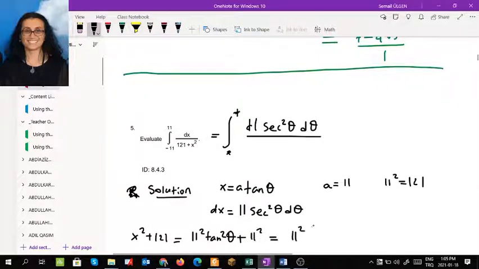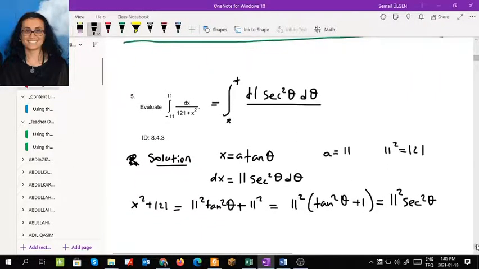Take out 11 squared, you get tangent squared plus 1. Tangent squared plus 1 is secant squared. If you remember, tangent squared plus 1 is sine squared over cosine squared plus 1, then you get the secant squared from there.